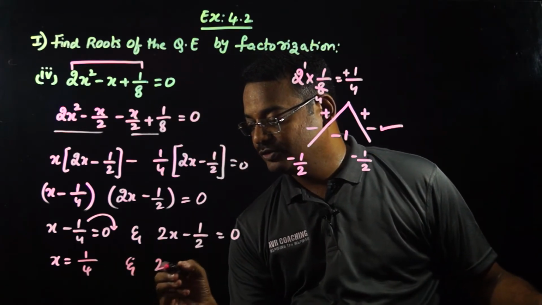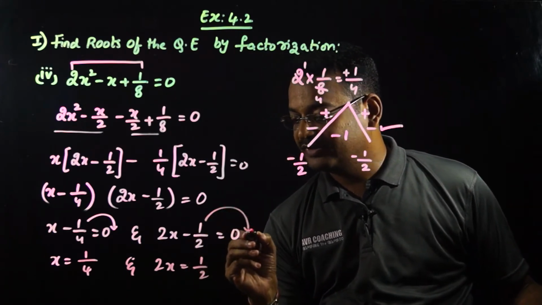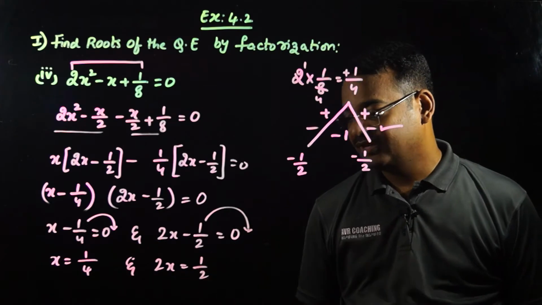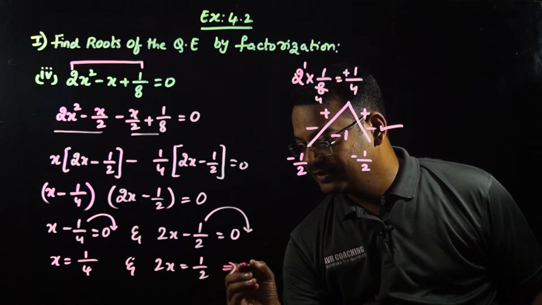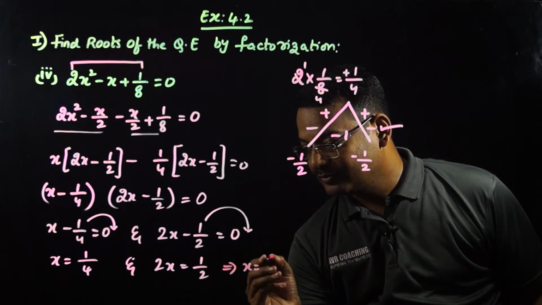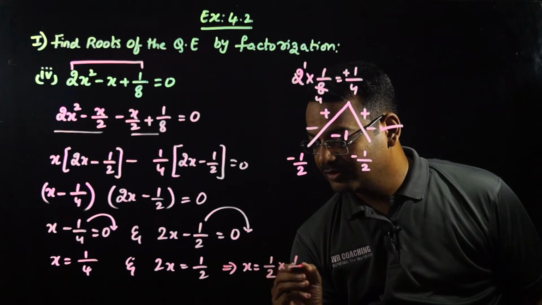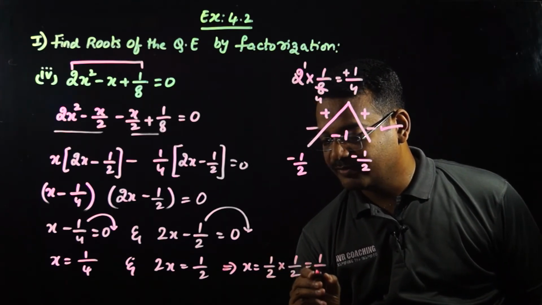And this is 2x equal to half. Now when this minus 1 by 2 comes to the right hand side, it becomes plus 1 by 2. So this implies 2x equal to 1 by 2, and this 2 comes to the right hand side, it becomes 1 by 2, that is division. So x is equal to 1 by 4.